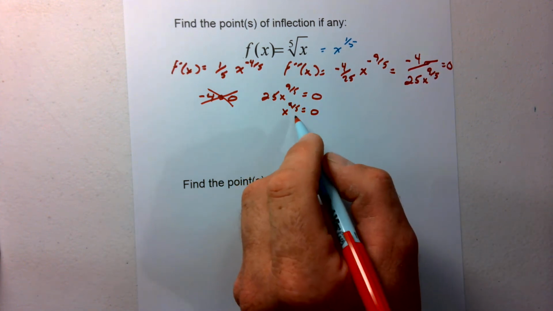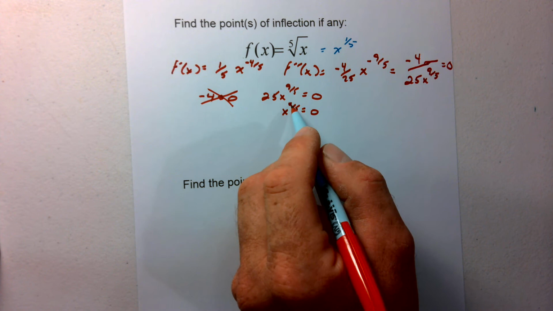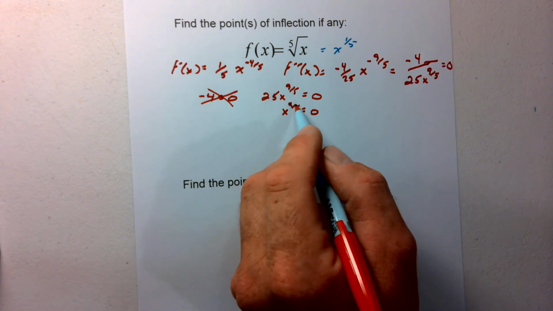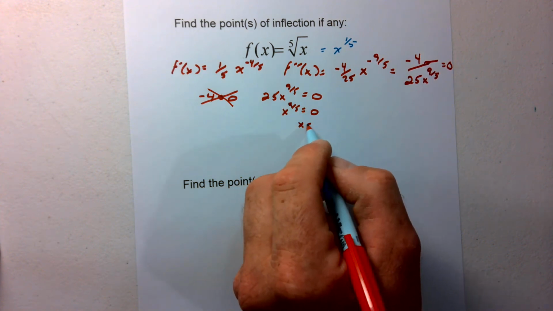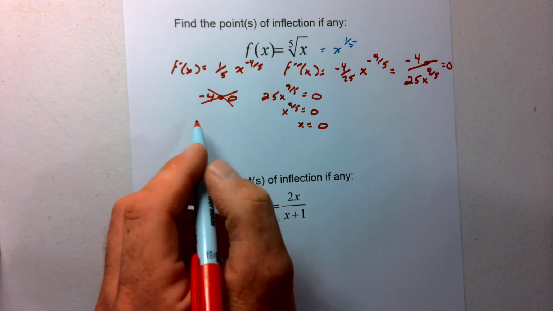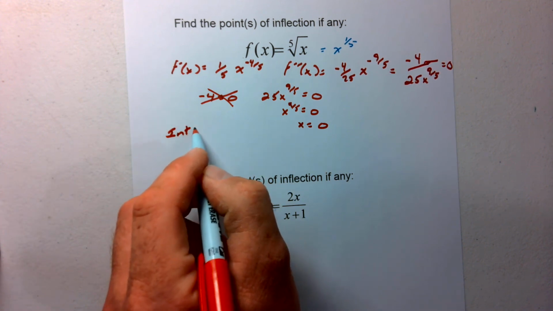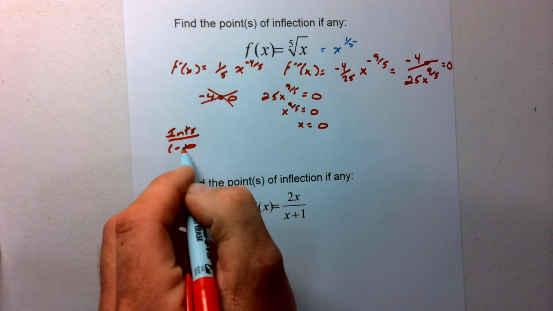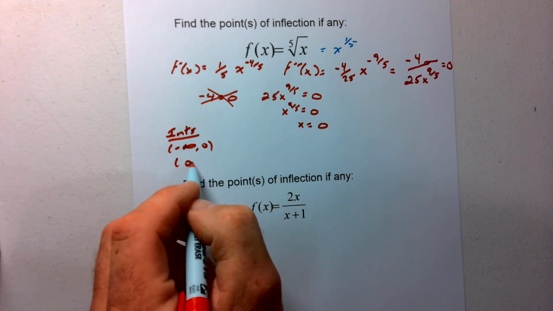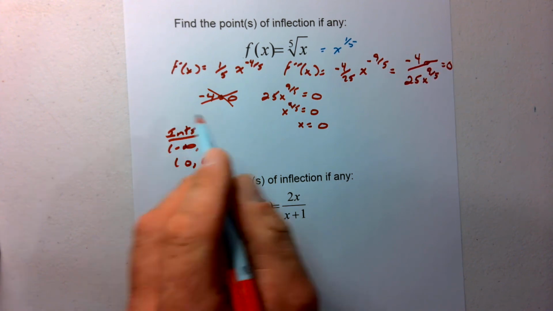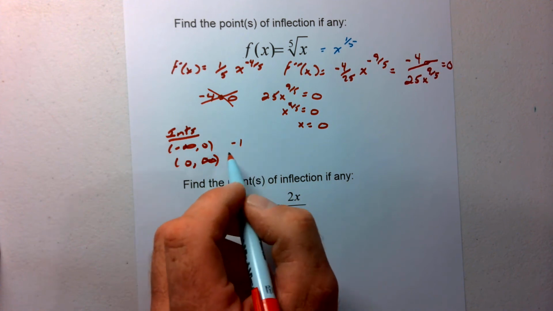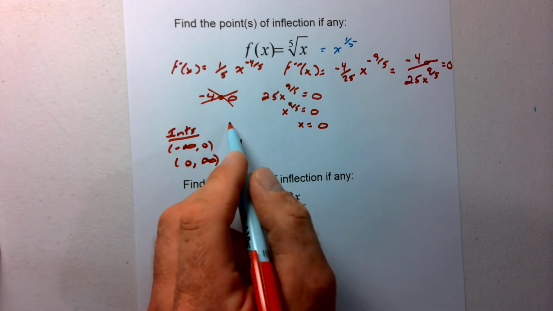And at x to the 9/5, we can take the 5/9 power to both sides, and we end up with x equal to 0. So what we're going to see is our intervals being from negative infinity to 0 and 0 to infinity. I can test negative 1 and I can test 1.